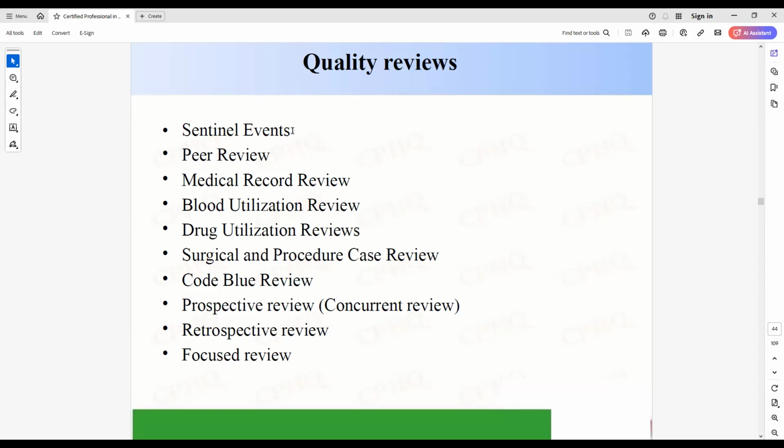Going back to the medical record review, which aspect of care is it? Is it measurable, appreciative, or perceptive? Measurable. Medical record review is measurable. What about the peer review? Appreciative. Remember, we said peer review is when you need some person with the same level of knowledge and expertise to evaluate the quality of your care.